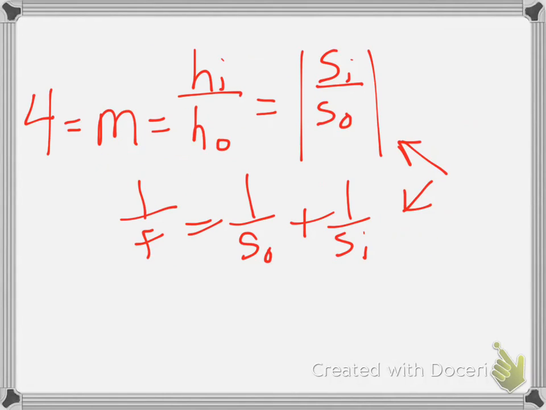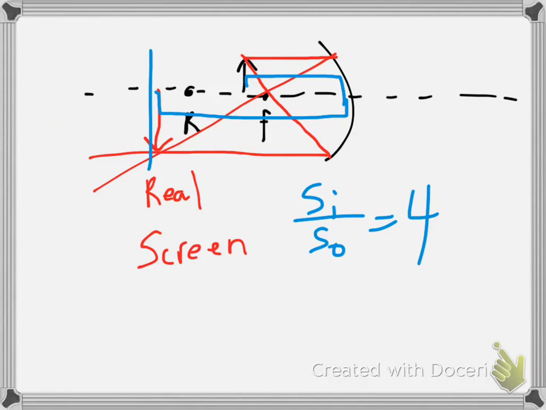So again, not every ratio works because not every ratio satisfies this equation as well. But with this particular type of mirror, you can produce 2 different types of images, one virtual and one real, and either one of them could satisfy this particular lab.